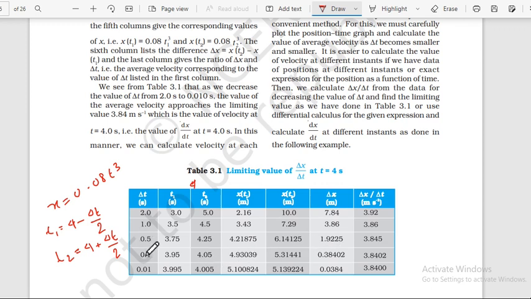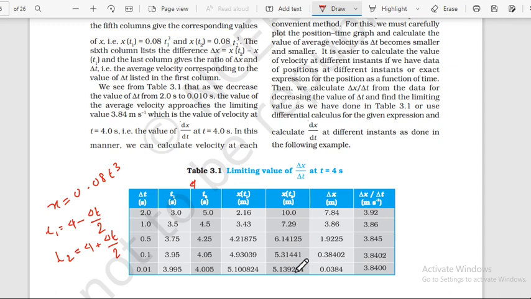We are reducing delta t slowly, and we see an interesting fact that delta x by delta t is 3.845, then 3.8402, then 3.8400.